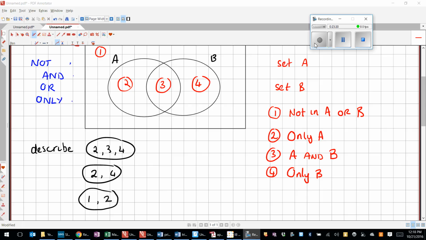If I said set A was odd numbers, and set B was square numbers, would there be a number in region 3, odd and square, between 1 and 10? Yeah, 9. And 1 as well. Remember, if my universal set wasn't there, you'd keep going forever. But if I say 1 to 10, 9 would fall in it. Good.